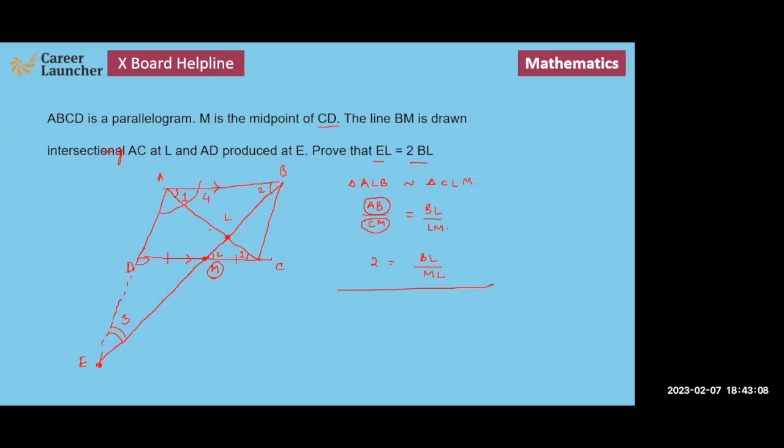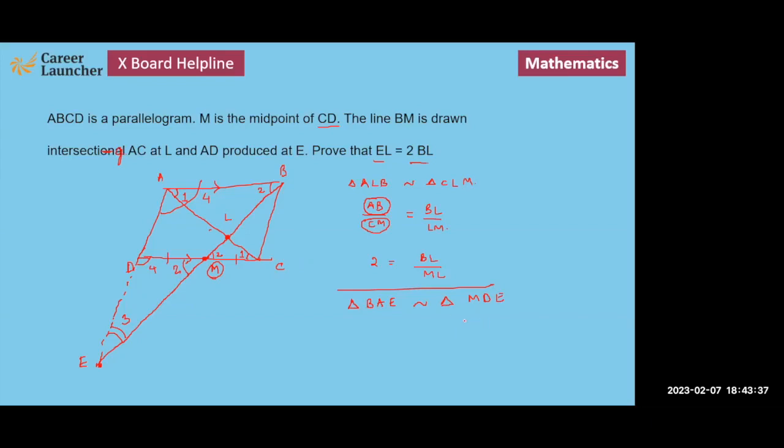This must be equal to 4, and this angle is also equal to 2. So which is the next triangle that are similar? Triangle BAE is similar to triangle MDE, again by AAA property.